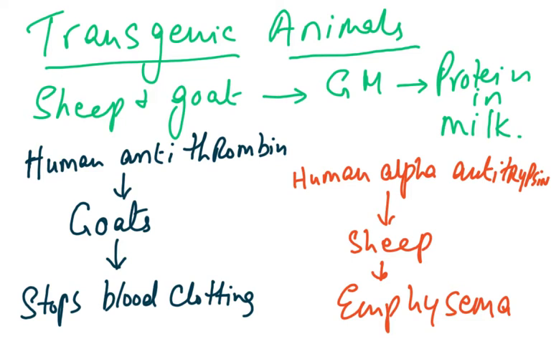So one example is this. The second example is human alpha antitrypsin, which we get from sheep, and it is used in treating people who suffer from emphysema. So these are the two proteins which we have obtained from transgenic animals.